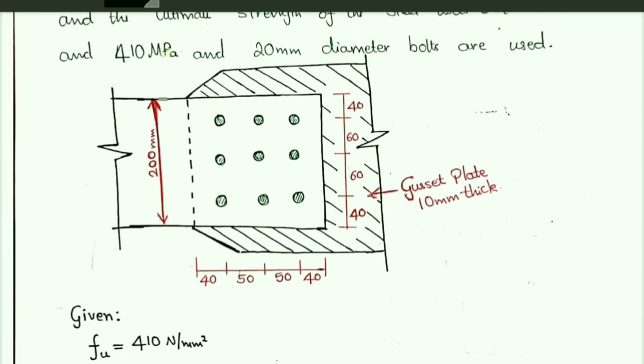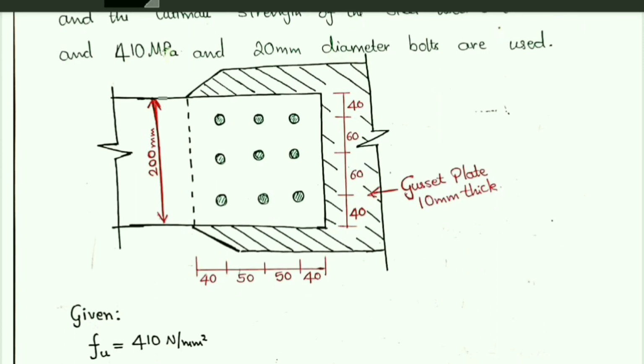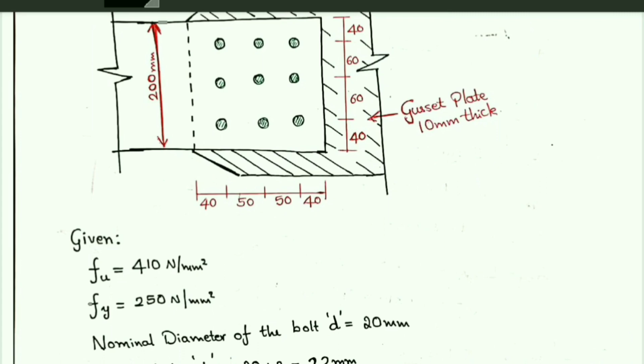This is the figure. Total number of bolts is 1, 2, 3, 4, 5, 6, 7, 8, 9. 9 bolts are used here, and the width of the plate is 200 mm. Pitch and edge distance are given: 40 mm edge distance and 50 mm pitch. The gusset plate thickness is 10 mm, as given in the figure.